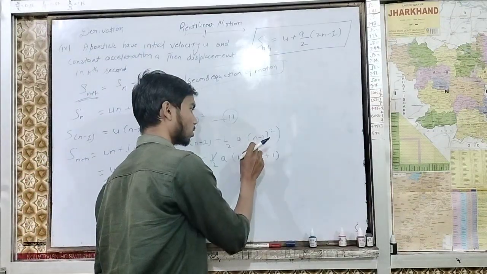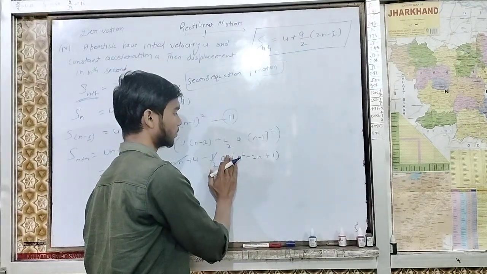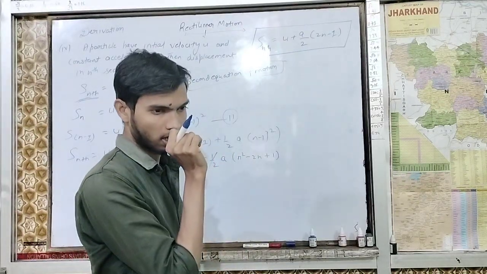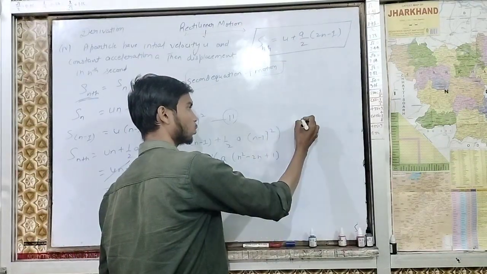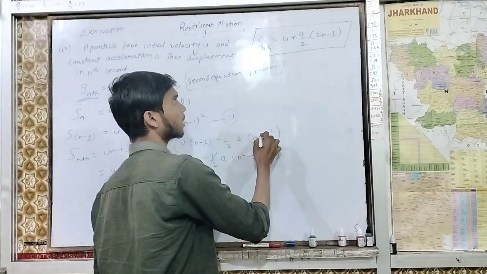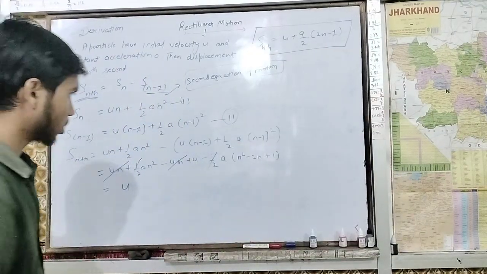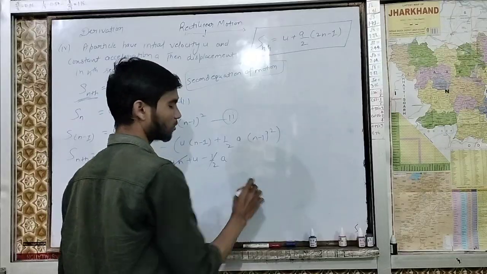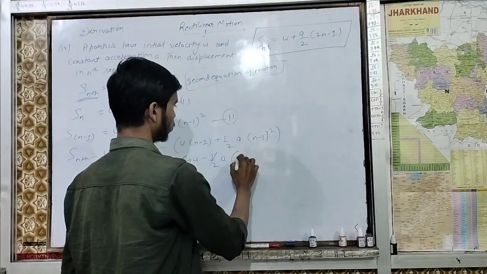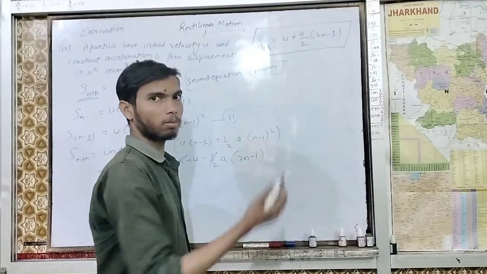Don't use algebra over here. You know, here we use the rule that this 2 will come downward with the variable 2n minus 1. I am forgetting the name, but this 2 will come downward and 1 will be upward.